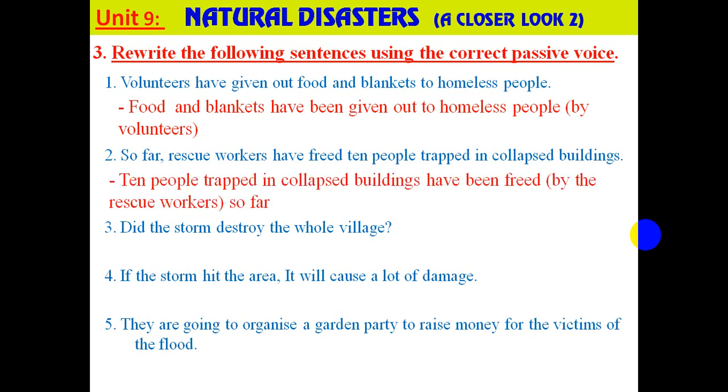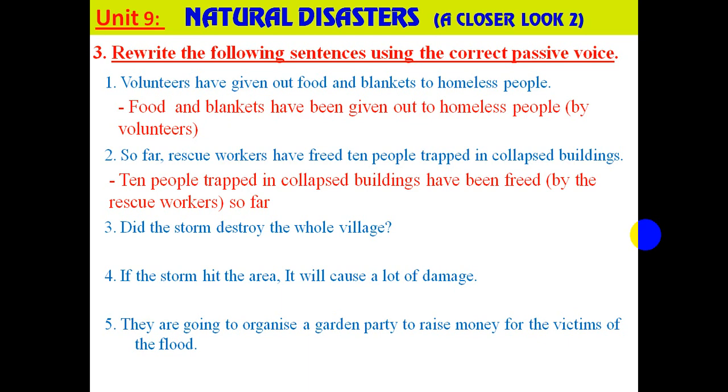Yes. 10 people trapped in collapsed buildings have been freed by the rescue workers so far. 10 people trapped in the collapsed buildings is the noun phrase, 6 words. Then the verb phrase: have been freed by the rescue workers so far. Okay, number 3.